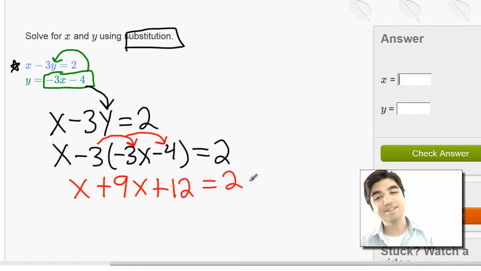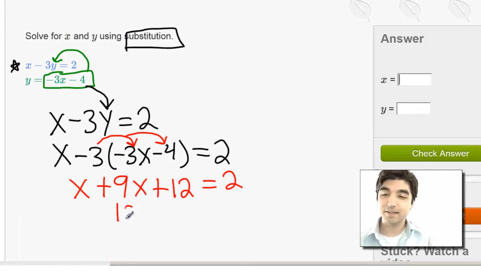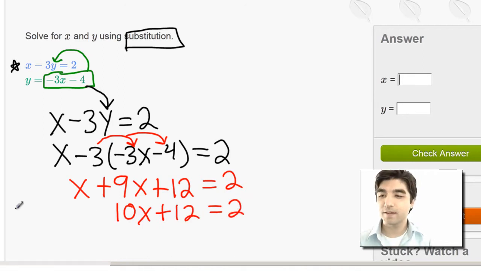All of that equals 2. Then we can combine the 1x and the 9x to make 10x, and we have 12 equals 2. Then we subtract 12 on both sides.